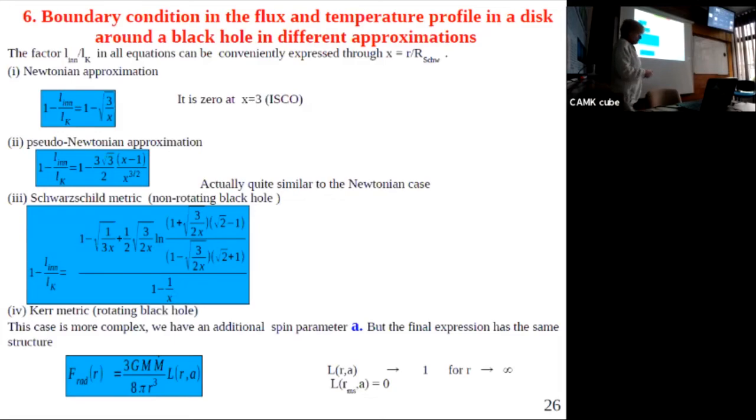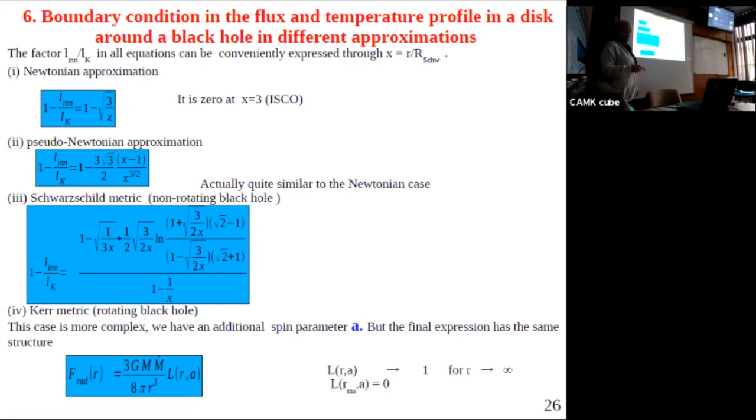I mentioned briefly that we derive everything using the Newtonian approximation and the idea of ISCO. If you change the approximation, you change this factor, which is in the prescription for the flux.